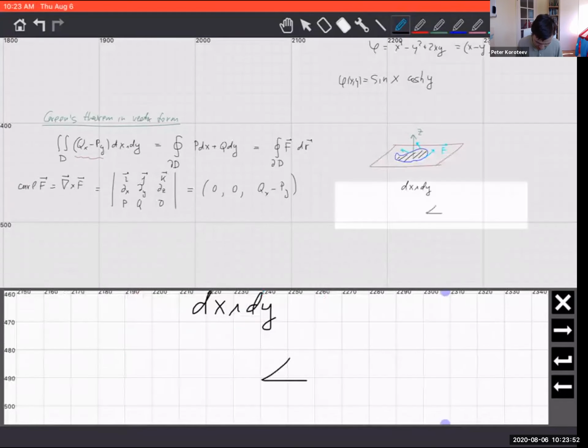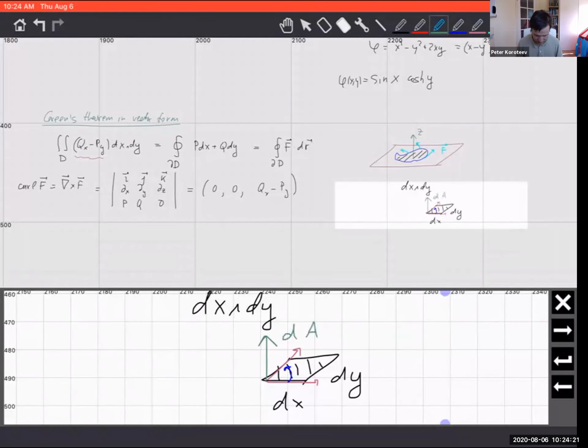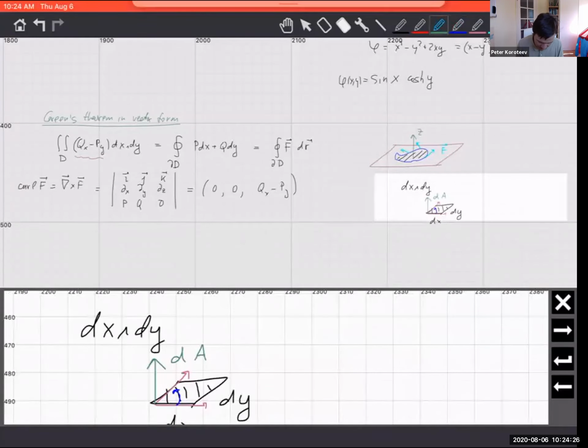So say you have this little patch of the set, which is between two vectors, dx and dy, right? And if you order it like this, dx goes first using the right-hand rule, and dy goes second, then you can assign a direction to this area of this small patch, dA, which is now a vector, right?